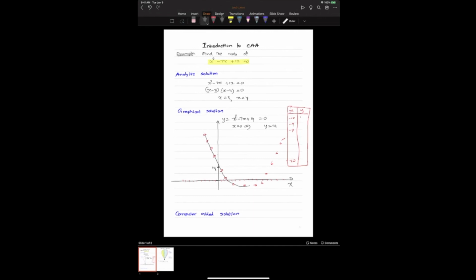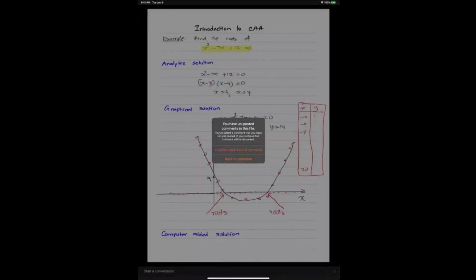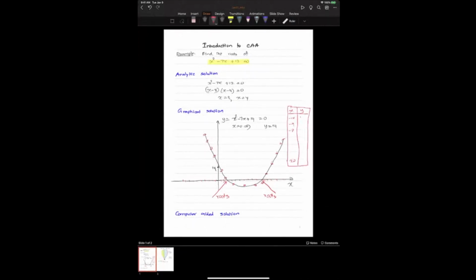So now you have the graph. What are the roots? Roots are where the graph has y equal to 0. These are the roots. So maybe I will call this root 1, and that will be root number 2.